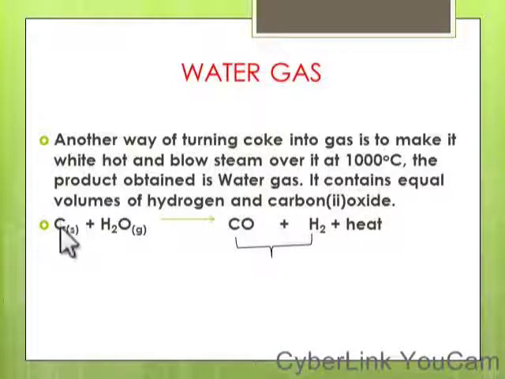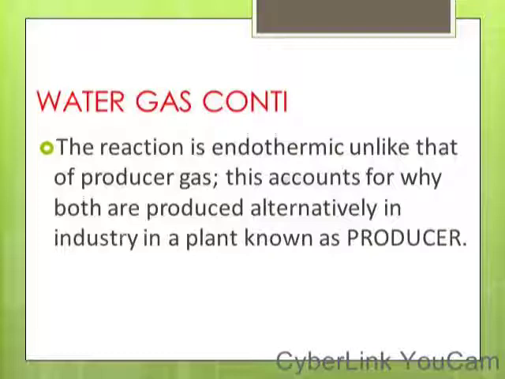This coke is heated to a temperature of about 1000 degrees centigrade, sometimes more than 1000, and steam is blown over it. That's why we say hot coke with steam gives water gas. You can see this arrow shows that this is water gas, and if you look at the equation, it is already balanced. So this is another type of gas that is used.